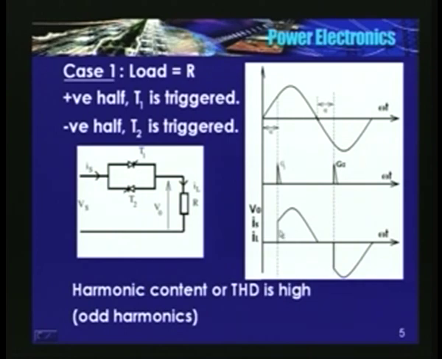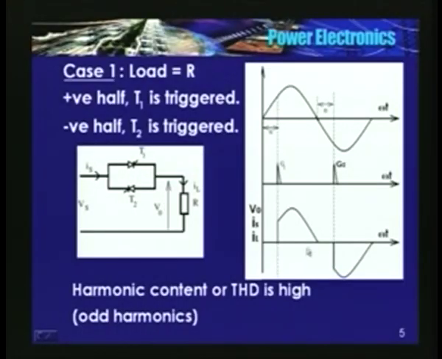So what is the limitation of this sort of a control? Harmonic content is high. Being an odd function, the source current as well as the load current have all odd harmonics, and they give rise to heating in the load.